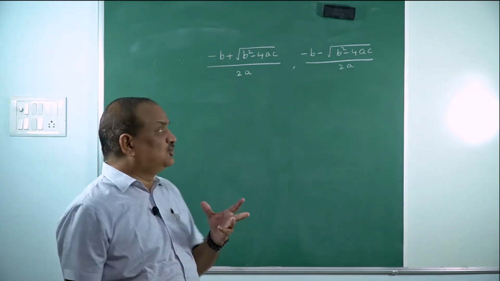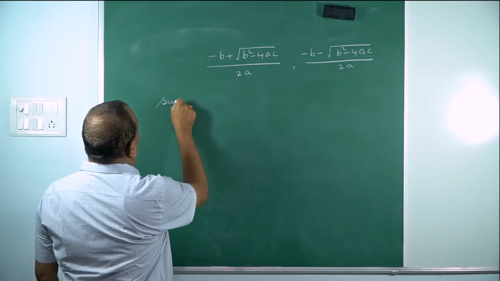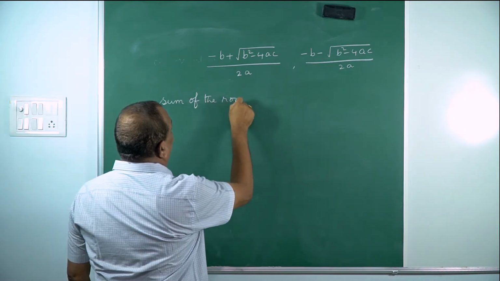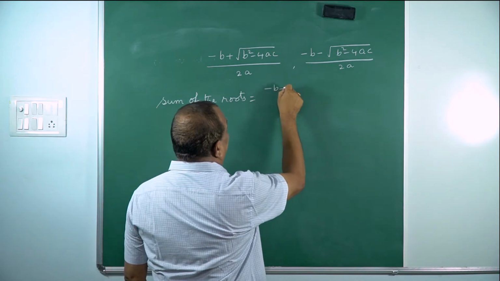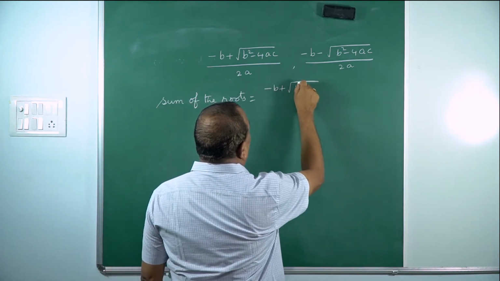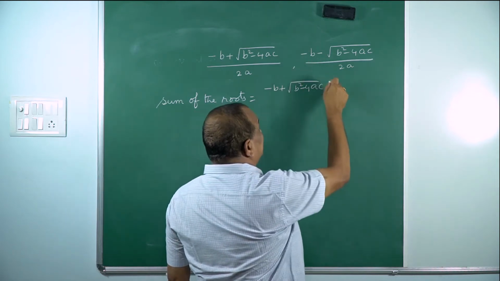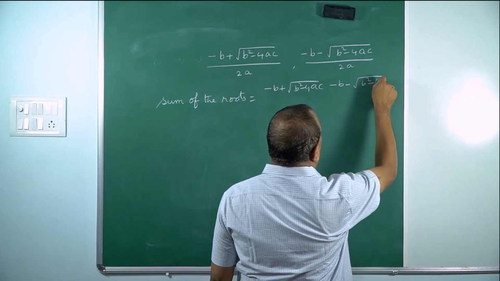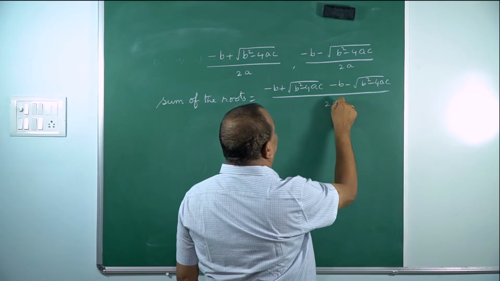Now what is that I should do? These are the roots. I can write now sum of the roots. Sum of the roots is equal to, I must add this and this: minus b plus square root of b square minus 4ac and minus b minus that, because these are like fractions, the same denominator you got, by 2a. Common denominator is 2a.